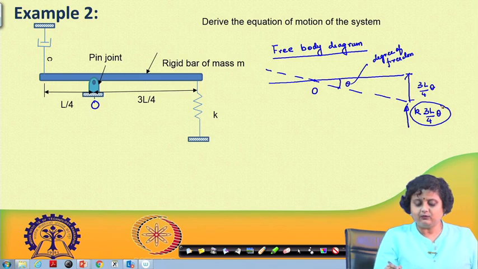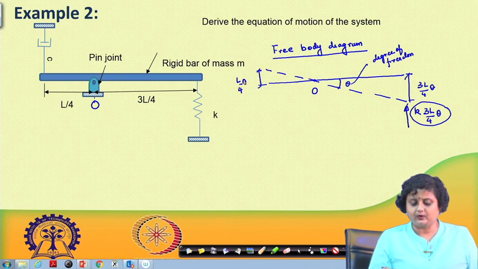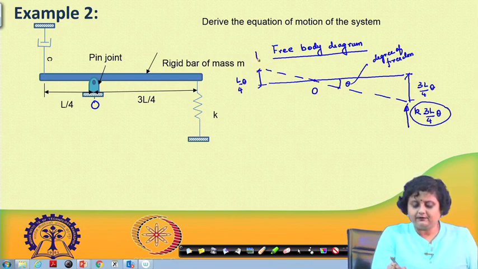Let us see what the damping force is. The damper has slid in this direction. This translational displacement is L by 4 into theta. The damping force is going to oppose the motion, and this is C into L by 4 theta dot.